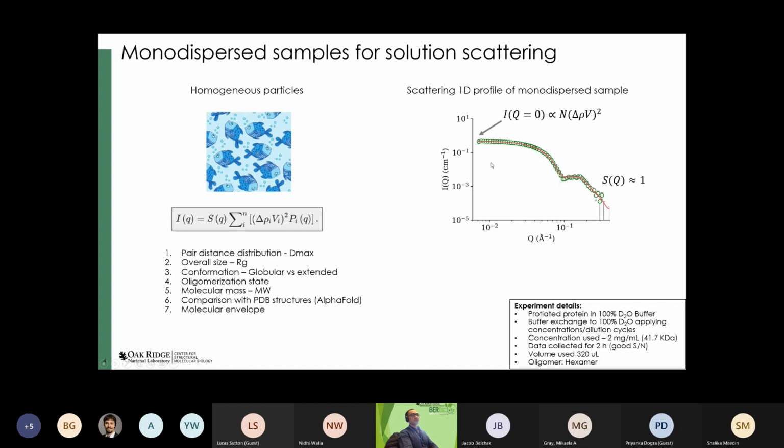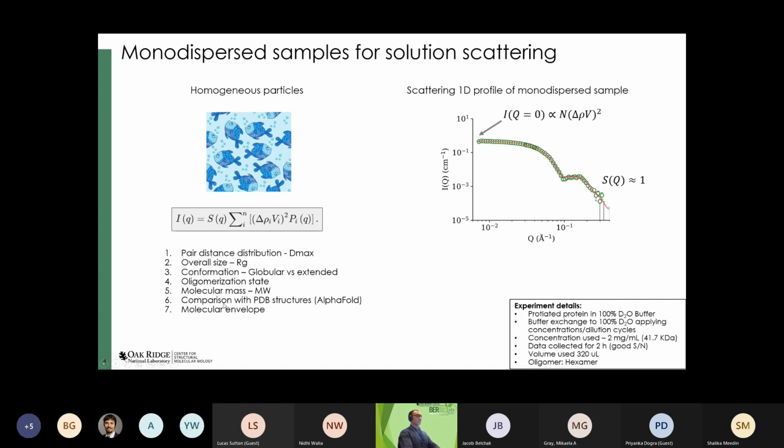And we are in dilute conditions, so no structure factor is present in our data. And then, like I said, we can extract the radius of gyration. From the low Q we can determine if you have more globular or extended structures, or even if it is not folded, if it is disordered.